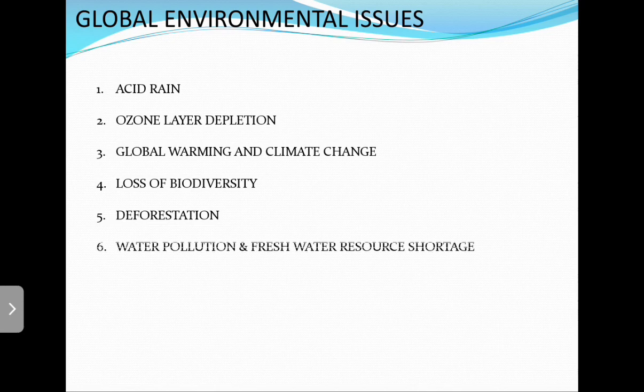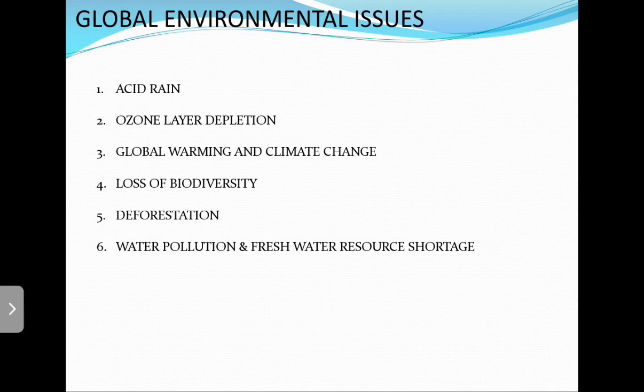Then next is pollution, maybe water pollution, fresh water resource shortage. You see, nowadays the underground freshwater level is a big issue, because earlier, 10 or 20 years back, just by digging 1 meter, 2 meters, we got fresh drinking water. But nowadays we have to lay the pipe up to 200 feet, 300 feet to get fresh water, and this freshwater level is also reducing.